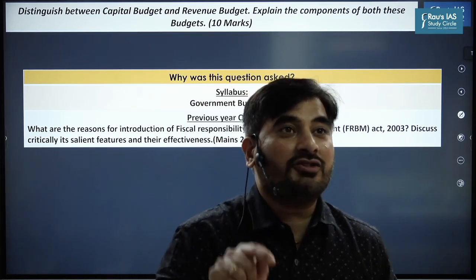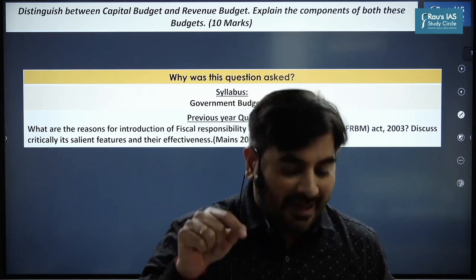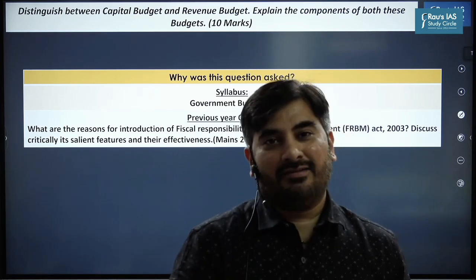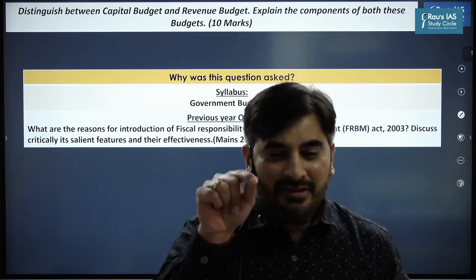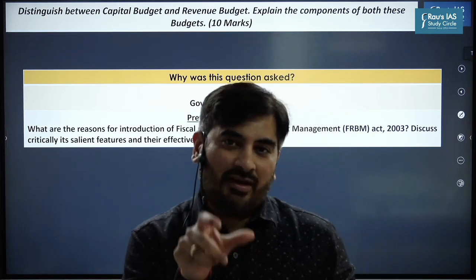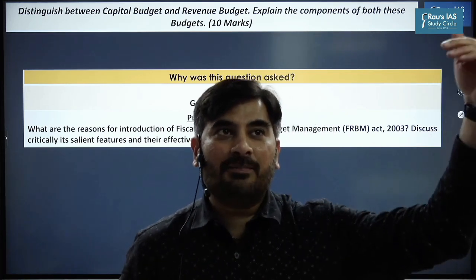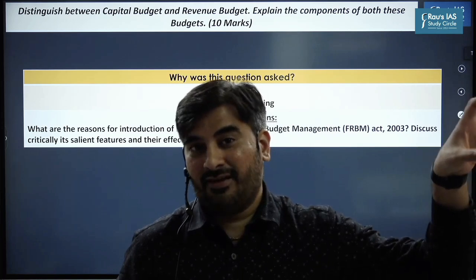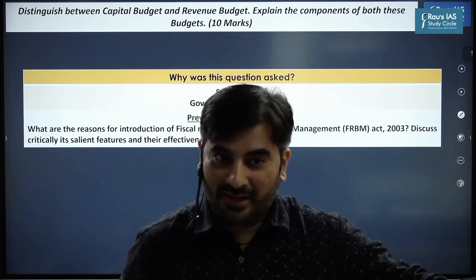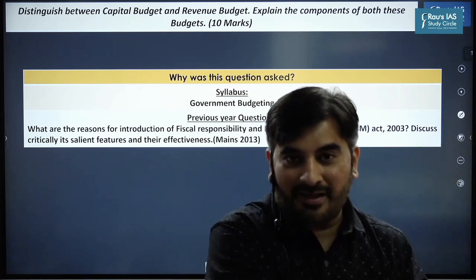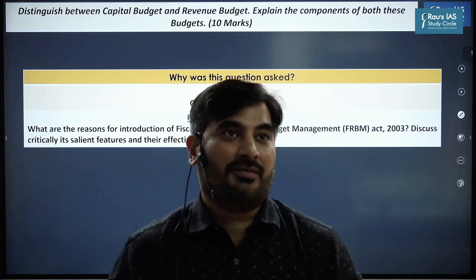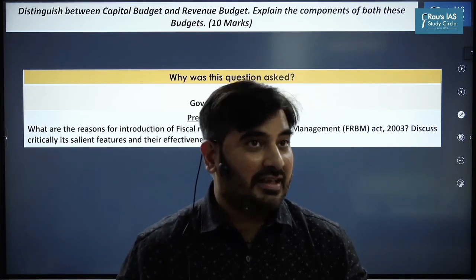It's a constitutional mandate. That is the most important point. So this was a point of enrichment which you could have incorporated in the introduction itself: that under Article 112 of the Indian Constitution, the government is required to separate its revenue account from the other accounts. Are we clear now?